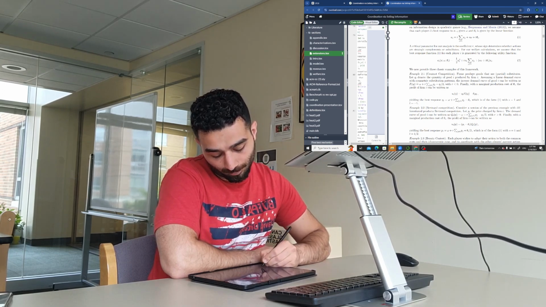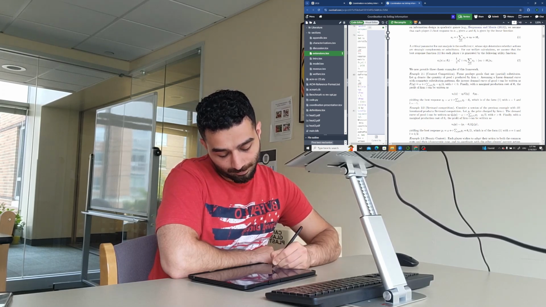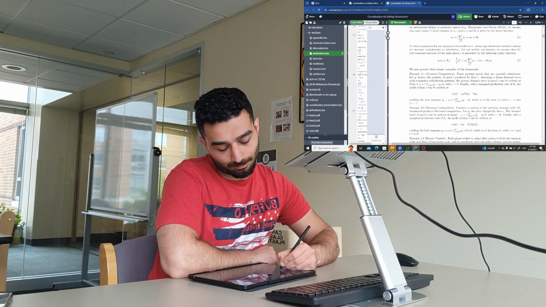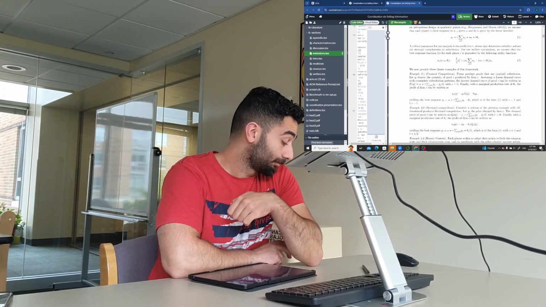Therefore, R will be R negative, S will be 1, and T will be -1. Perfect.